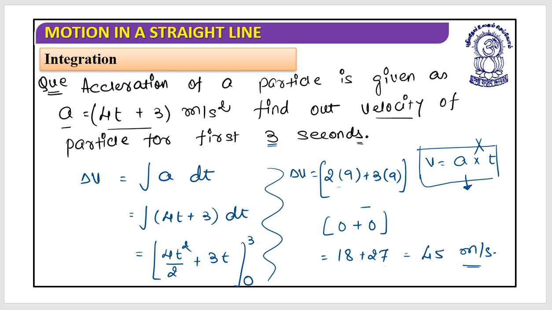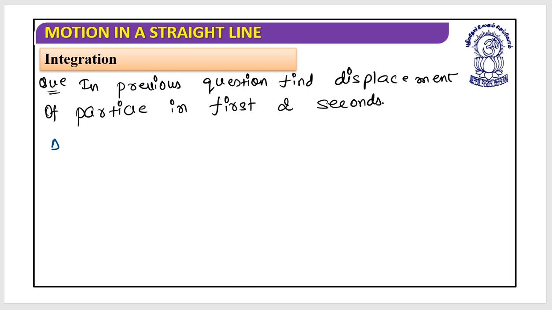In the last numerical you have already done up to the velocity, so let's first write it down: delta v is equal to 4t square by 2 plus 3t, that means it is 2t square plus 3t. So I am having a velocity and I require a displacement.